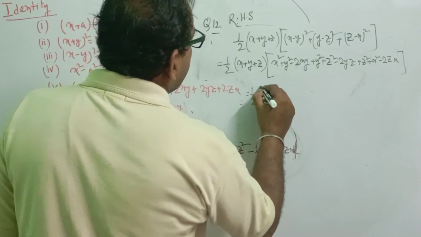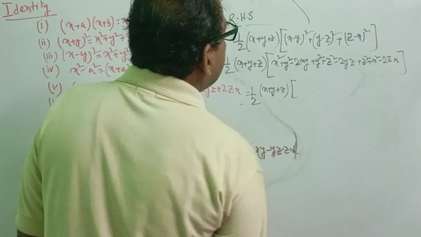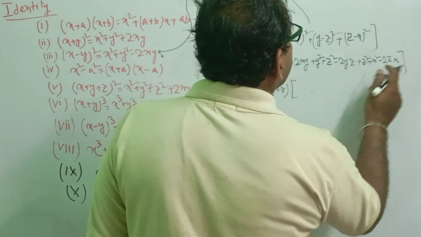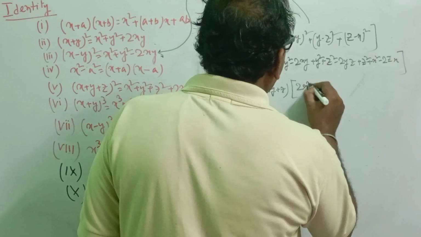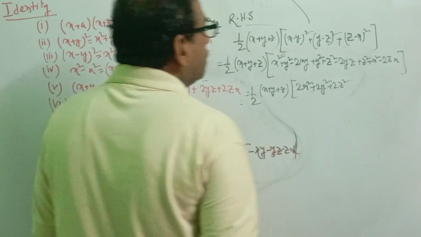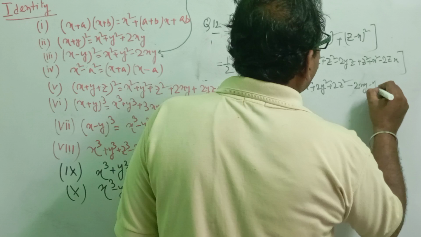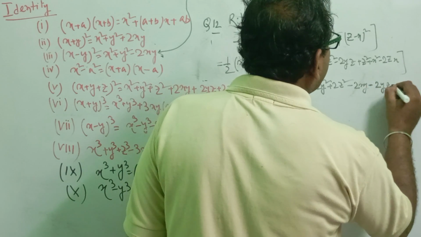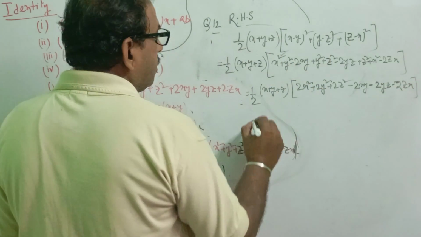Half x plus y plus z into x square and x square, this x square and this x square, that is 2x square plus 2y square plus 2z square minus 2xy minus 2yz minus 2zx.